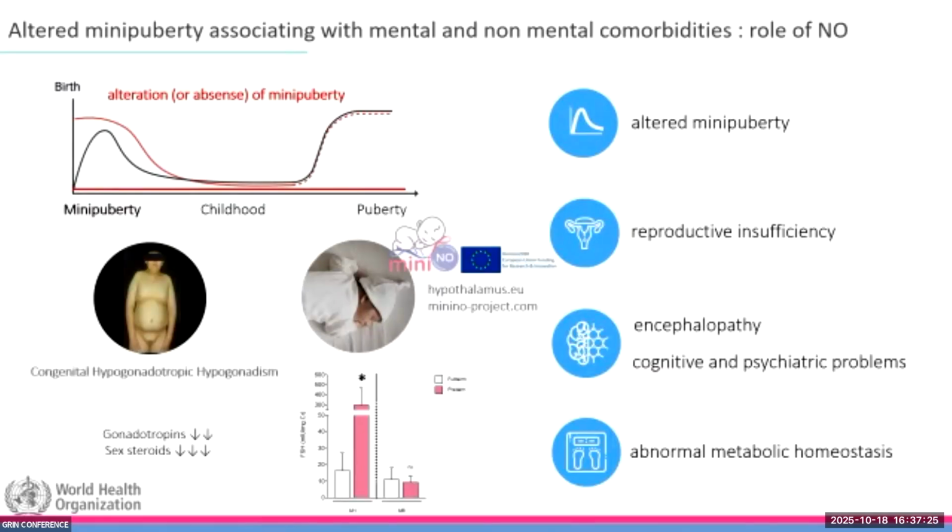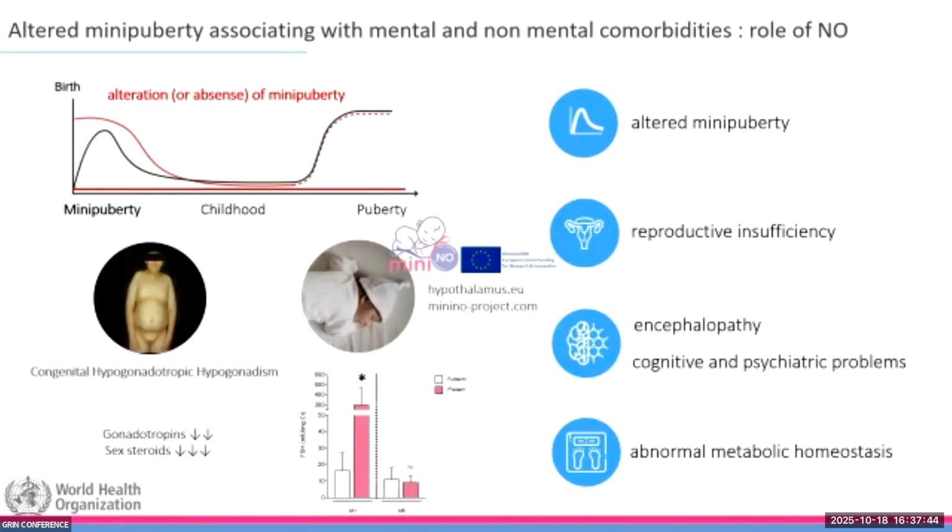And this opens many, many possibilities for clinical trials, some of them ongoing. Why? Because we have cases of humans with this altered mini-puberty and comorbidities. So could nitric oxide be a possible therapeutic?